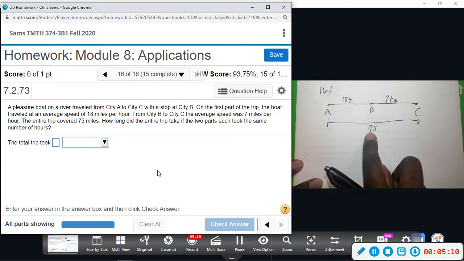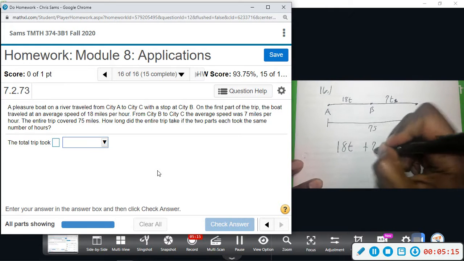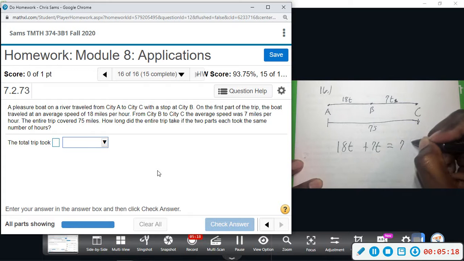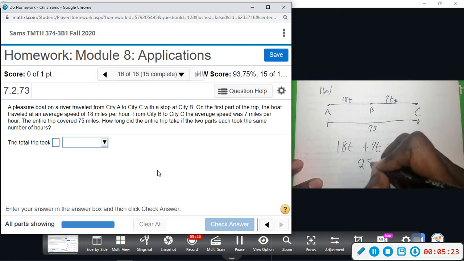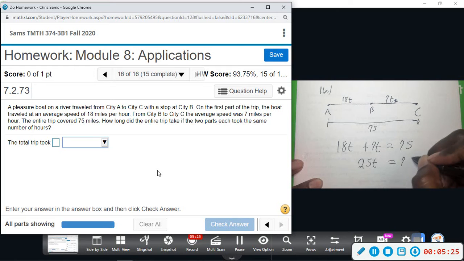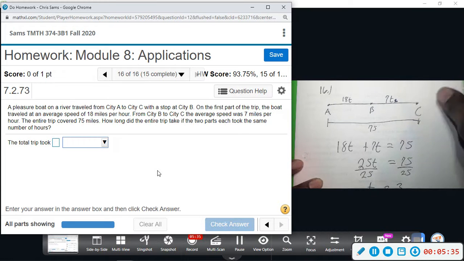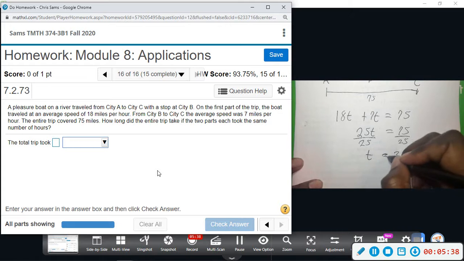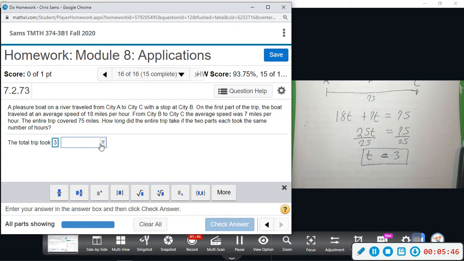This plus this equals the total. 18t plus 7t equals 75. Add these two, that will give us 25t equals 75. Divide by 25, and we get t equals 3.